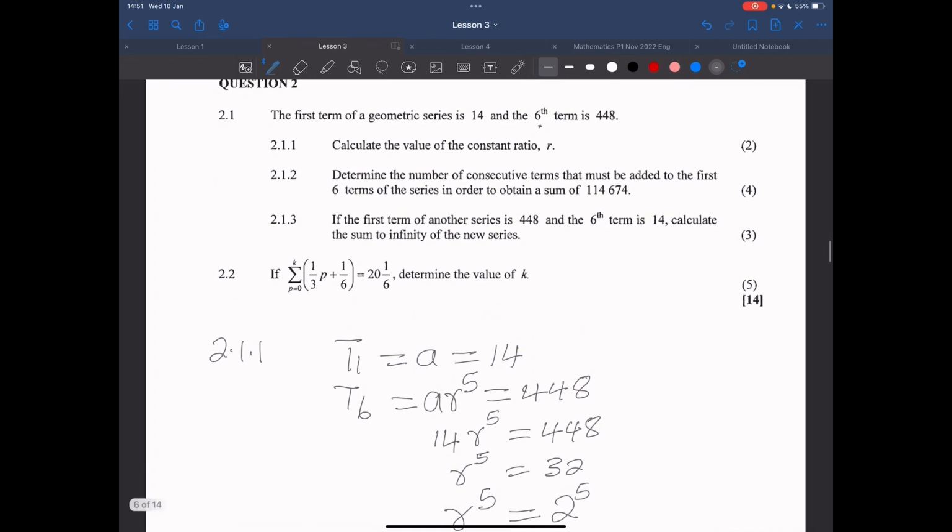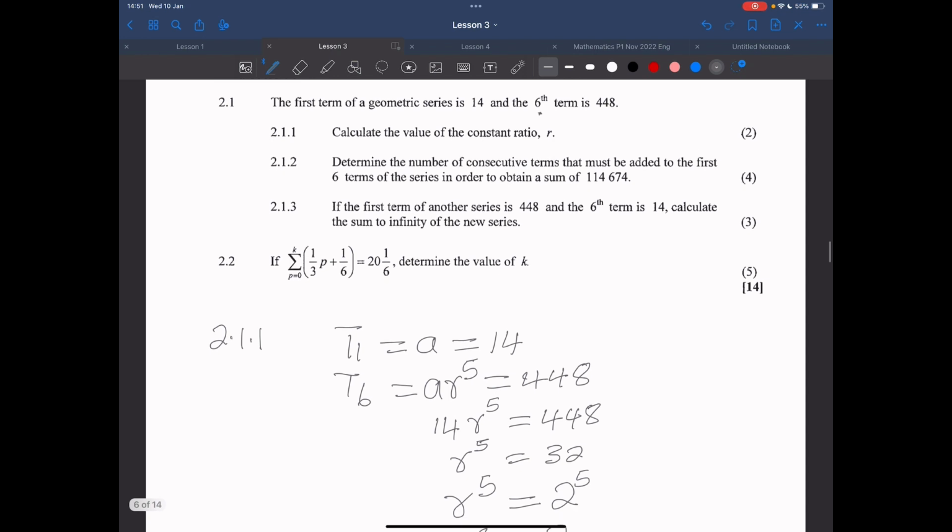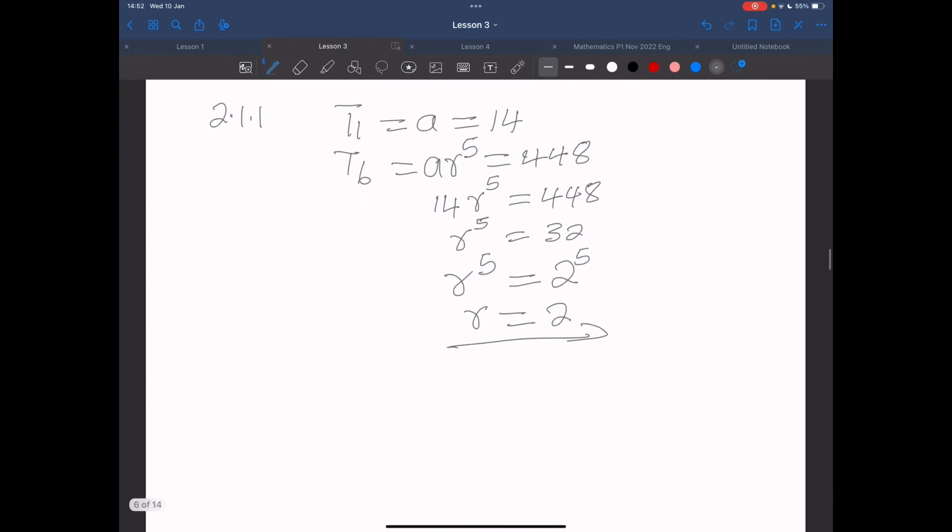Now let's look at 2.1.2. Determine the number of consecutive terms that must be added to the first 6 terms of the series in order to obtain a sum of 114,674. Right, so we need to analyze this question carefully. So we have the first 6 terms, term 1, 2, 3, 4, 5, and 6.